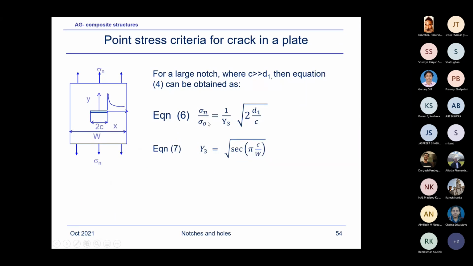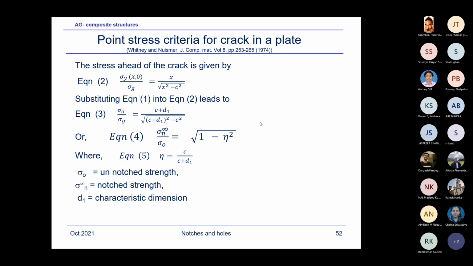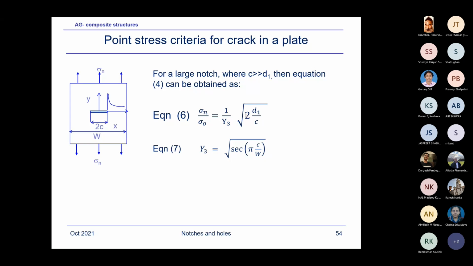So for equation 4, in fact, you have to use the inequality and then 2D1 upon C. You have to use this equation in order to determine the effect. When D1 is small, you can ignore this. So sigma n upon sigma naught is 1 upon Y3, and 2D1 by C. So this is for a large crack. Anyway, normally we don't use this equation.